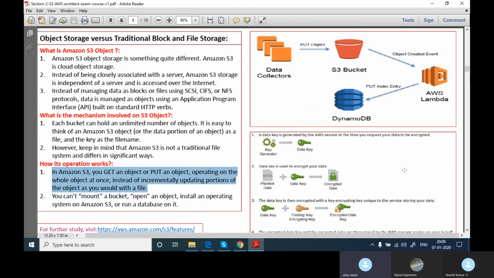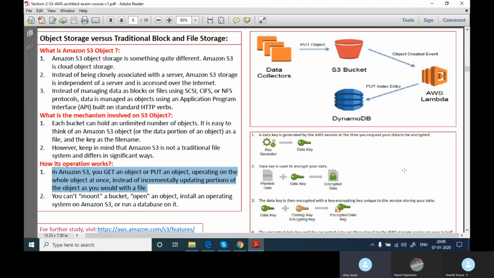The second scenario is we are copying a file from an S3 bucket to my local system. The third scenario is we are copying a file from the local system to an S3 bucket.